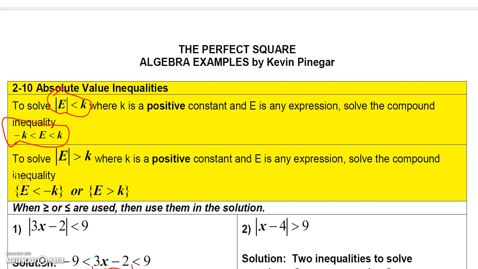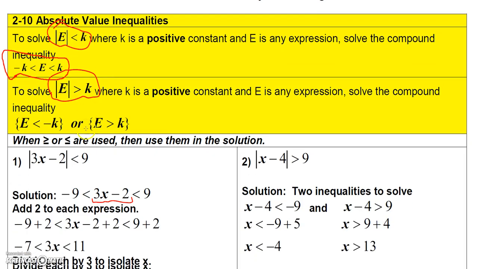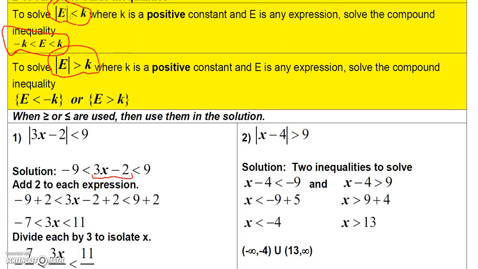Okay, now let's go to the second case. What if you have the absolute value of an expression greater than some positive number? Well, in that case, you actually have to solve two inequalities. You still remove the absolute value, but the first inequality you write is the expression is less than negative the constant, and then you also have to solve the inequality where the expression is greater than the positive constant.